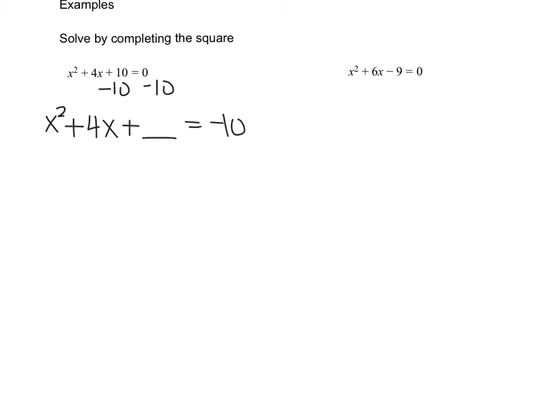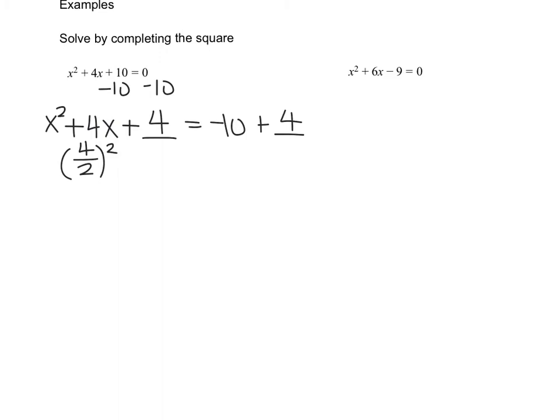Now, in order to find that value that makes x squared plus bx a perfect square, we're going to take b, which is 4, divide it by 2, and square it. That value is going to give us a perfect square trinomial on the left side. So 4 divided by 2 is 2, 2 squared is 4, so we are going to add 4 to both sides.